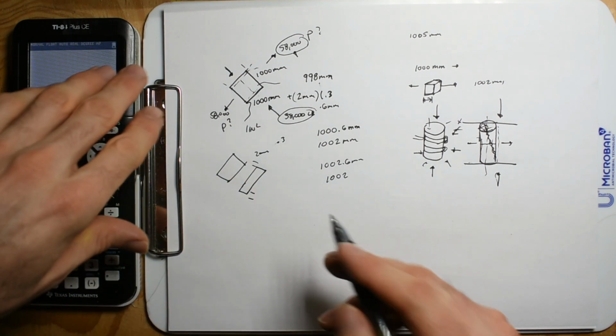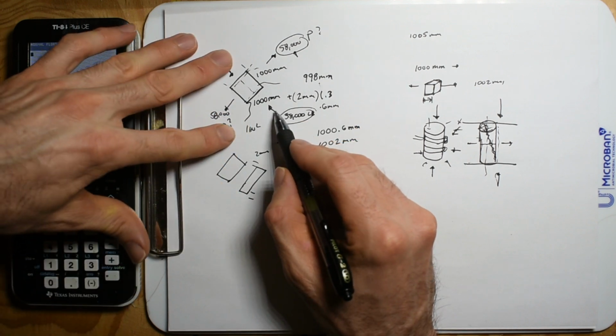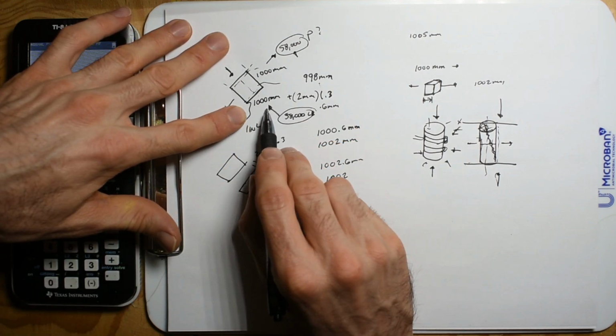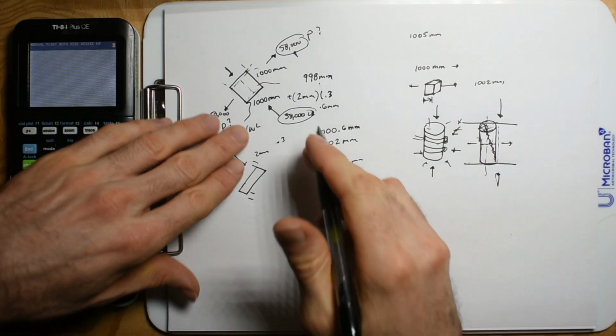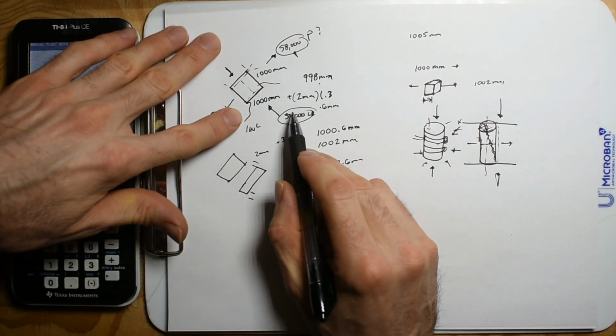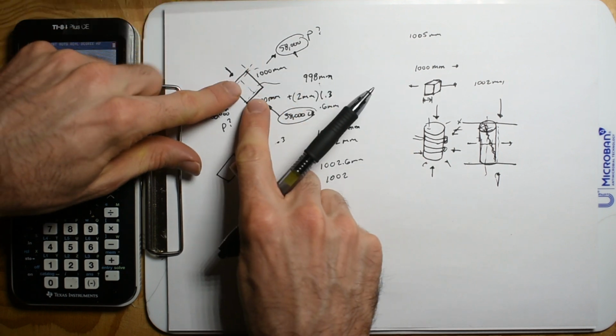I have a feeling this might not come out good at all, but we'll see. Let's just come up with our own equations. If we put a compression force, it's going to change in length.